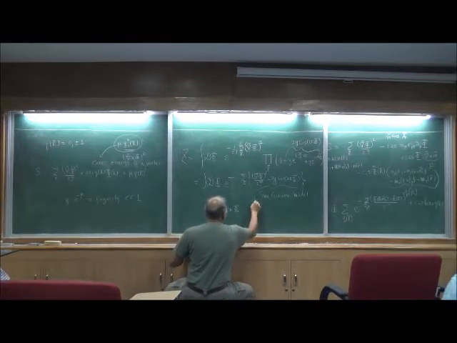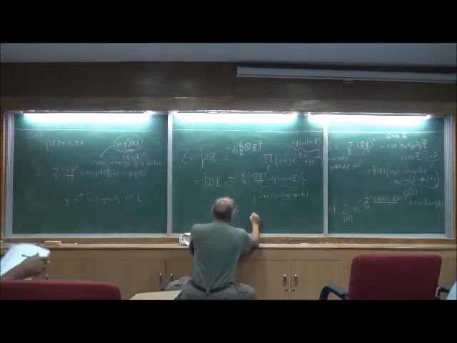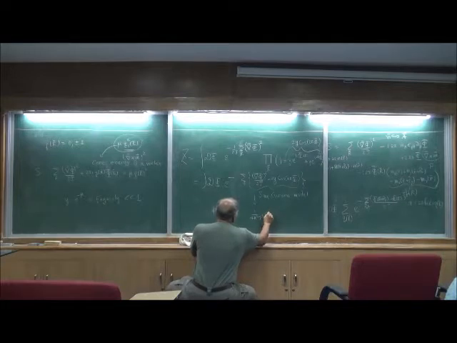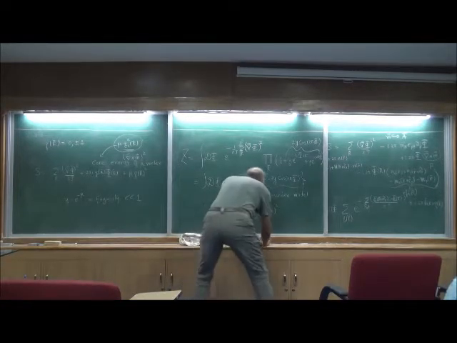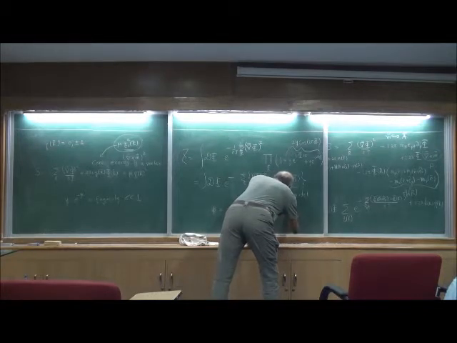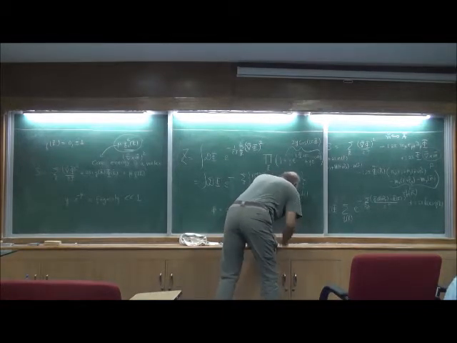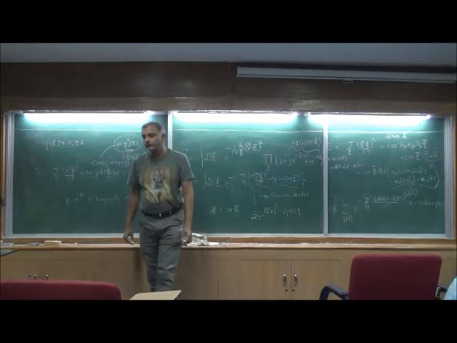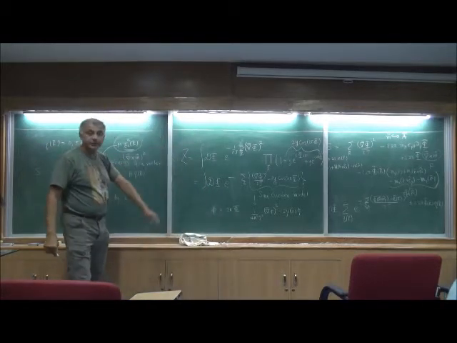Then this action looks like 1 over 4 pi squared j squared gradient of this phi squared minus 2y cosine of phi. Why am I writing it like this? Because I want to compute the scaling dimension of cosine of phi.